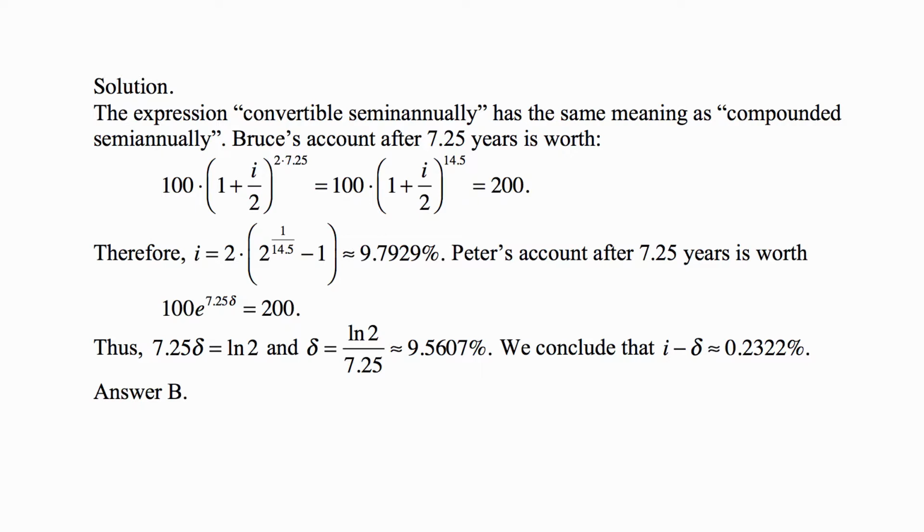A strange notation is used here. i is written where you would normally write i upper 2. That's okay. Just think about it as equivalent in this context to i upper 2.